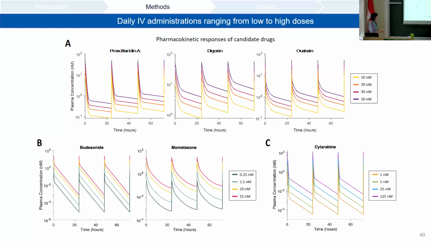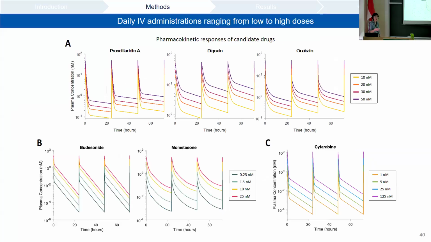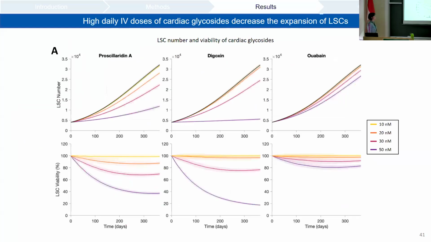Like I said, now we have the concentration of each of the drugs at any time, and we also have the fitness for any concentration. So we can get the fitness at any time a cell divides in the Moran process, and we can simulate it. Here are the results for the cardiac glycosides. The solid lines are the mean simulation for 100 iterations of the model, and the colored lines correspond to the different treatment schedules that we apply. The black line, which is a bit hard to see on this graph, is when we don't apply any treatment.